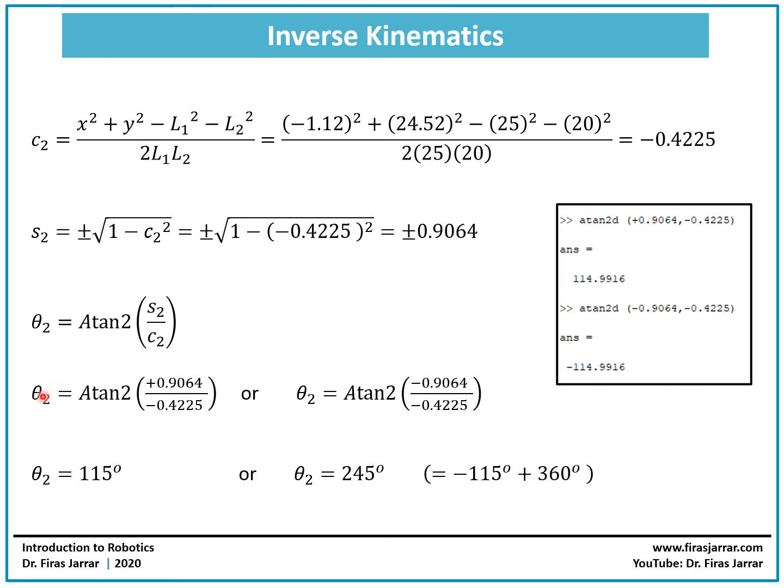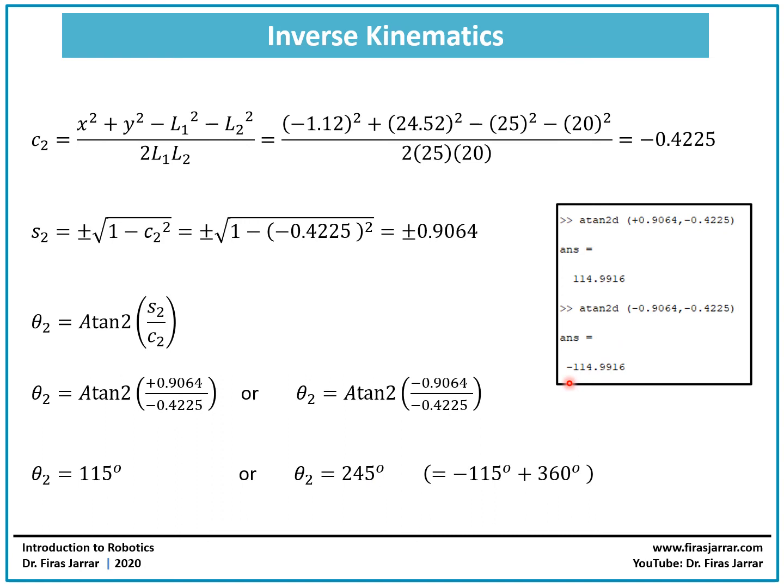So if I substitute this into MATLAB, as you can see here, this is the way you have to submit the values into the atan2 function. You will get an answer of 115 degrees. And if you substitute the other value for sine theta 2, I'll get the other option, which is theta 2 equal to 245.